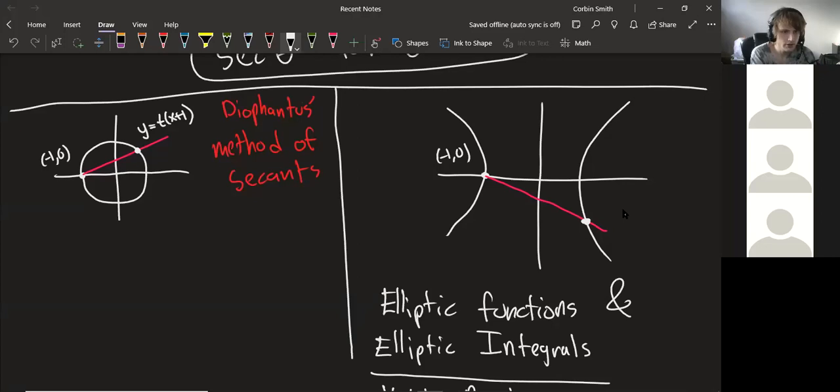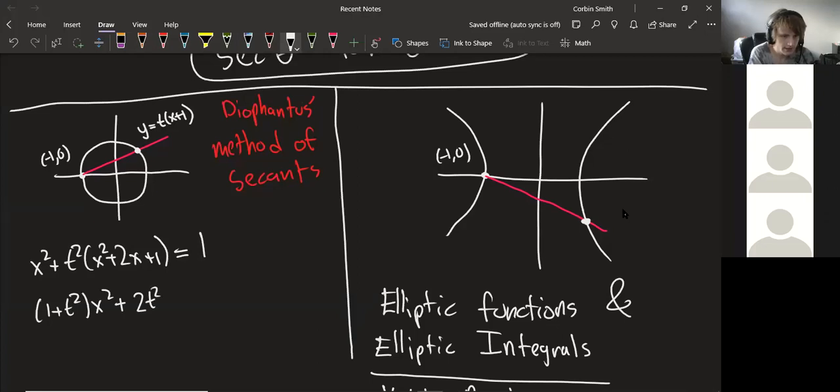So if we plug that into our unit circle, we get x squared plus t squared times x squared plus 2x plus 1 equals 1. Wait, we got to solve this for x actually. So what we get is 1 plus t squared x squared plus 2t squared x plus t squared minus 1 equals 0.